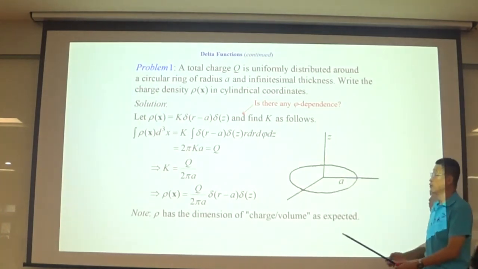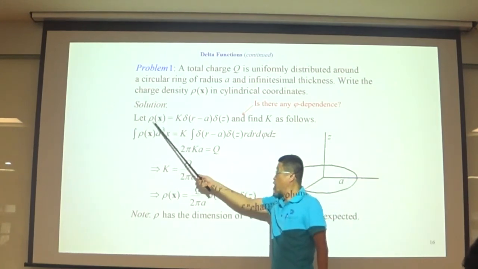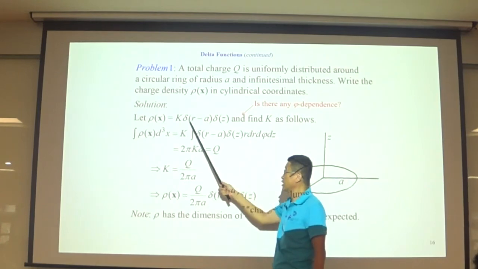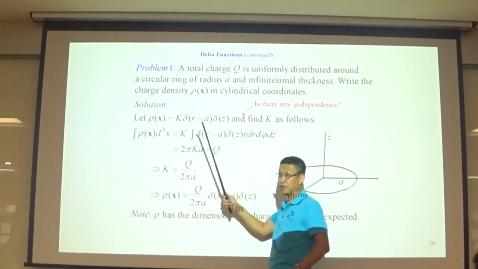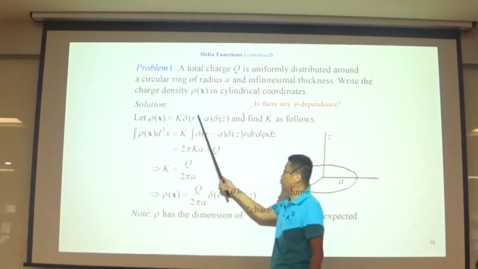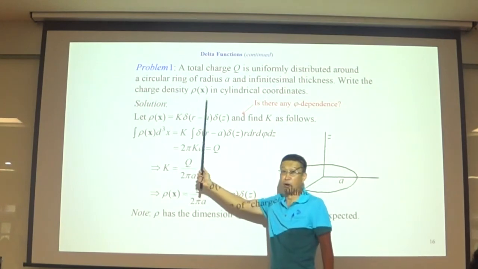Okay? So you can guess the charge density rho of x is proportional to k delta of r minus a, not rho minus a. Because if you write rho here, you will be easily confused with this symbol.